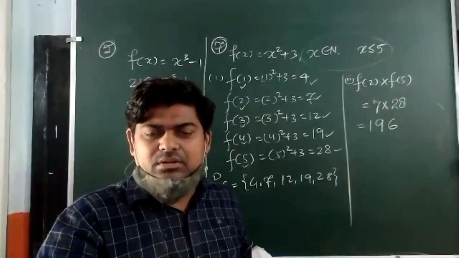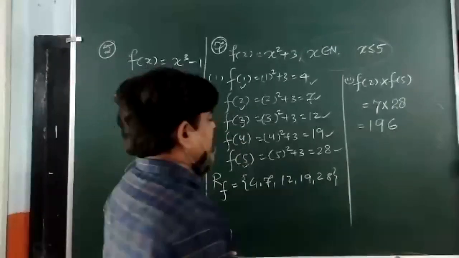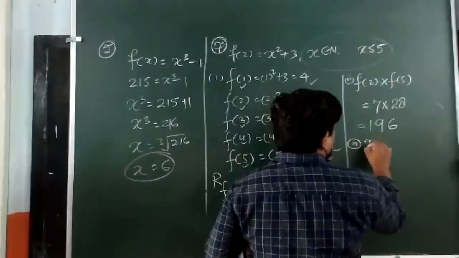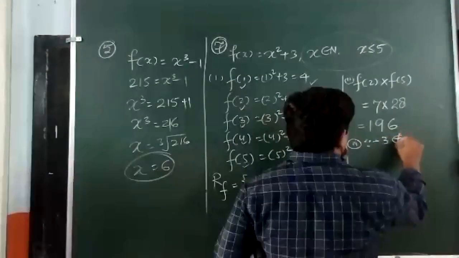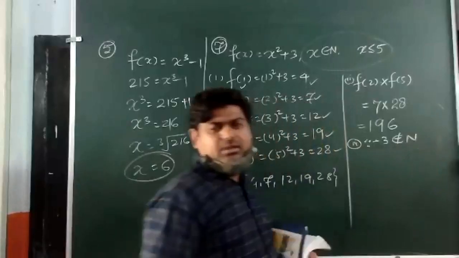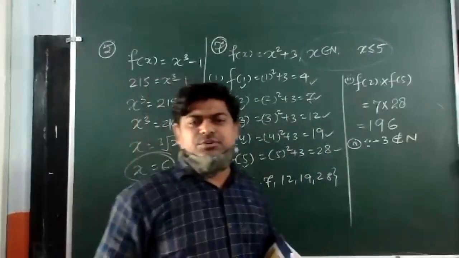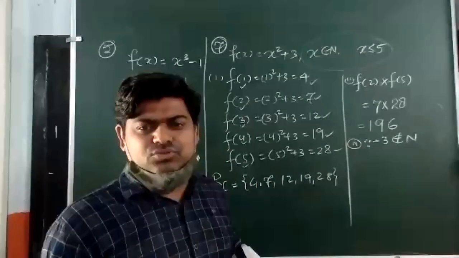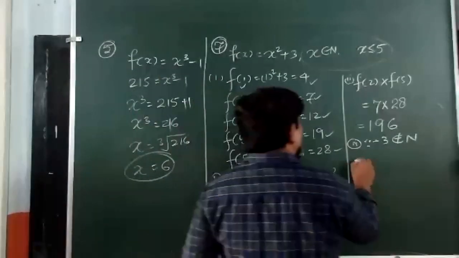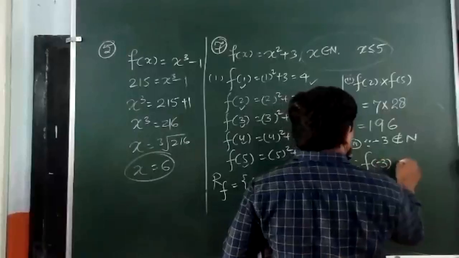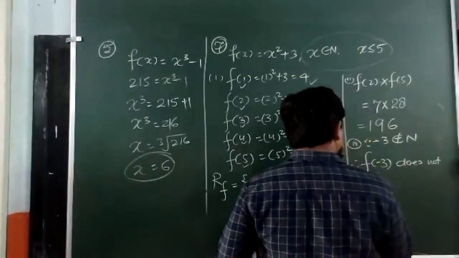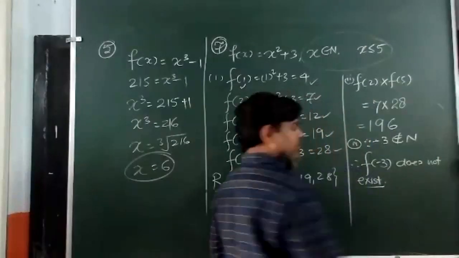Are you getting me? In simple language, for the third part, since -3 doesn't belong to natural numbers, and according to the definition of the function x should be a natural number, I can say f(-3) does not exist.